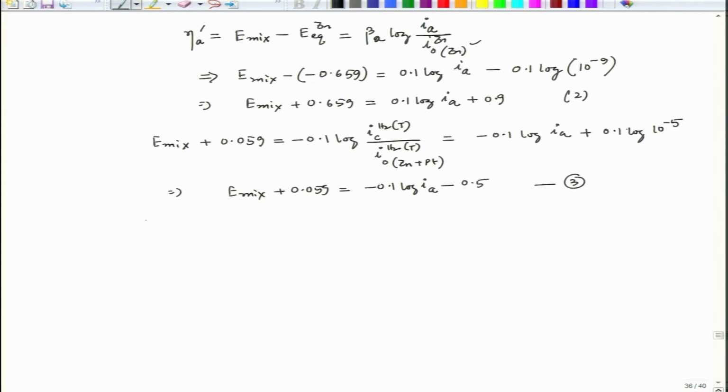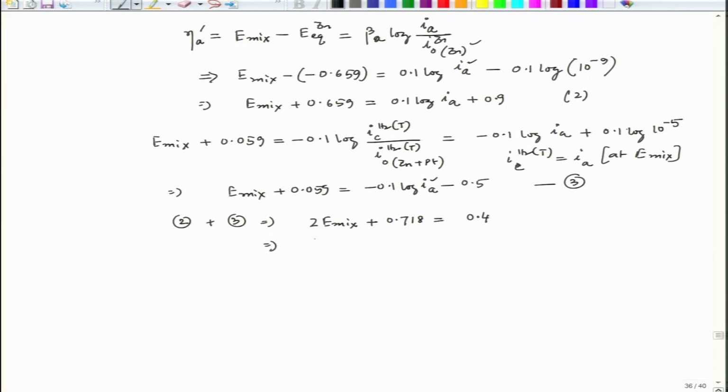Then by adding equations 2 and 3, the current densities are the same, since I_C hydrogen total equals I_A at E_mix. So, if we add equation 2 and 3, we get 2 E_mix plus 0.718 equal to 0.4.